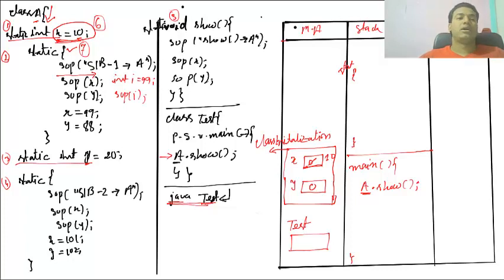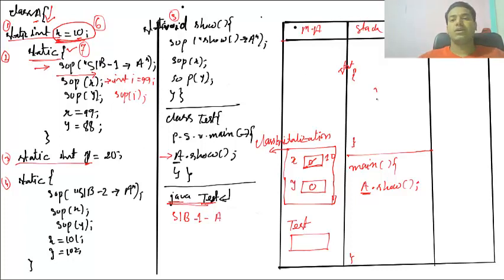So in the second run, first x was initialized, then the static block should be executed. When a static block is executing, it gets loaded at this place, and inside the static block, control flows from top to bottom. At this statement, it prints instance initialization block 1 in A. Then control comes to the next statement, a memory allocation, int i.